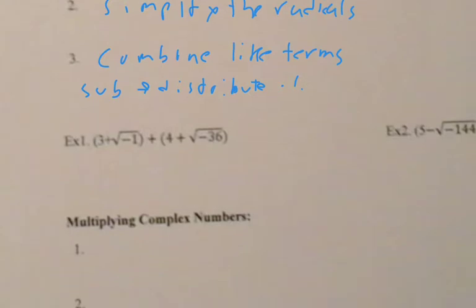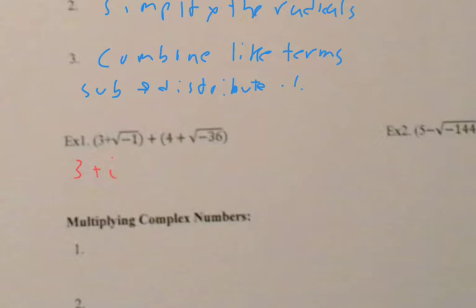Alright, so let's take a look at number 1. We have 3 plus the square root of -1, so we have 3 plus i.